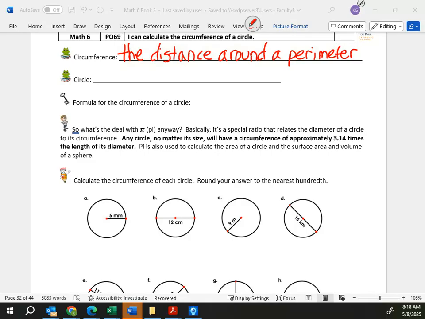Remember, a circle is that set of all points that are the same distance. That's in your binder. I'm not going to write it all out. But remember, the radius is the R. That's from the center to the outside.